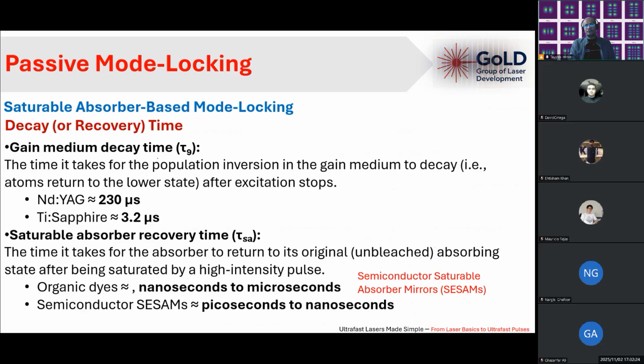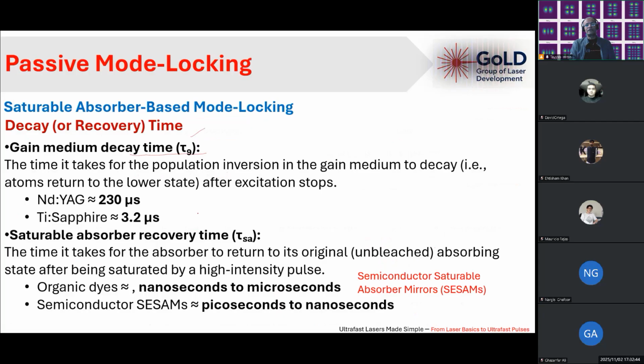We know that the gain medium has a decay time, when it emits the laser from the metastable level to the lower level or ground level.